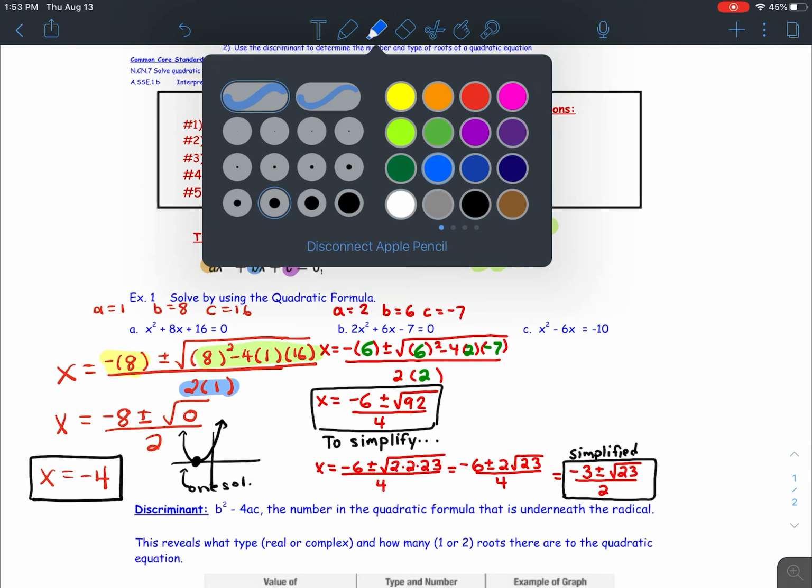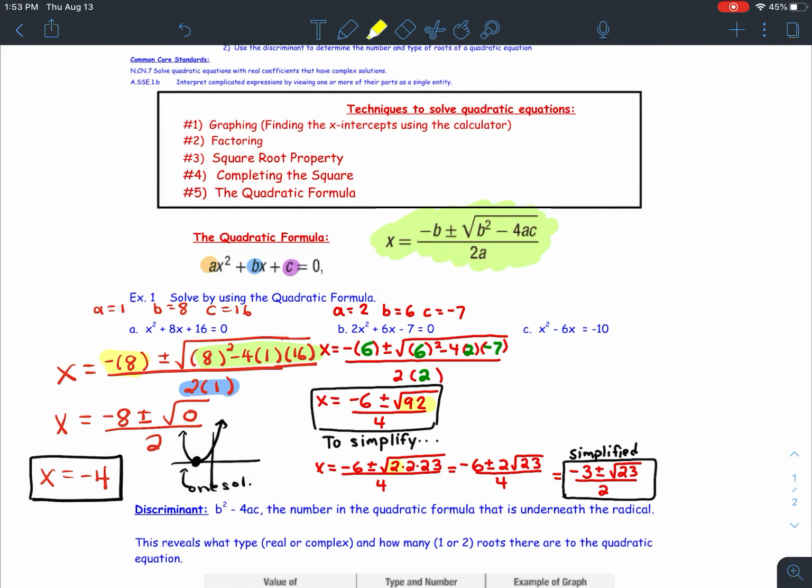Okay, I worked through example B for you. I am okay if you stop right here with what I have in this black box here. If you were to continue on and simplify, what I was doing there is I was taking the 92, I broke it down into prime numbers, and then there was a pair of identical factors, so I used those two 2's to be able to pull a 2 out in front.